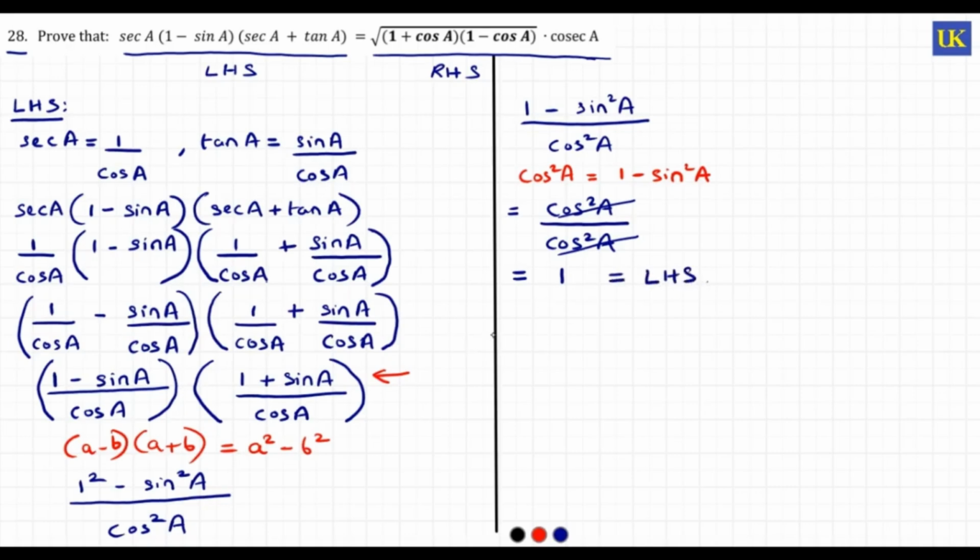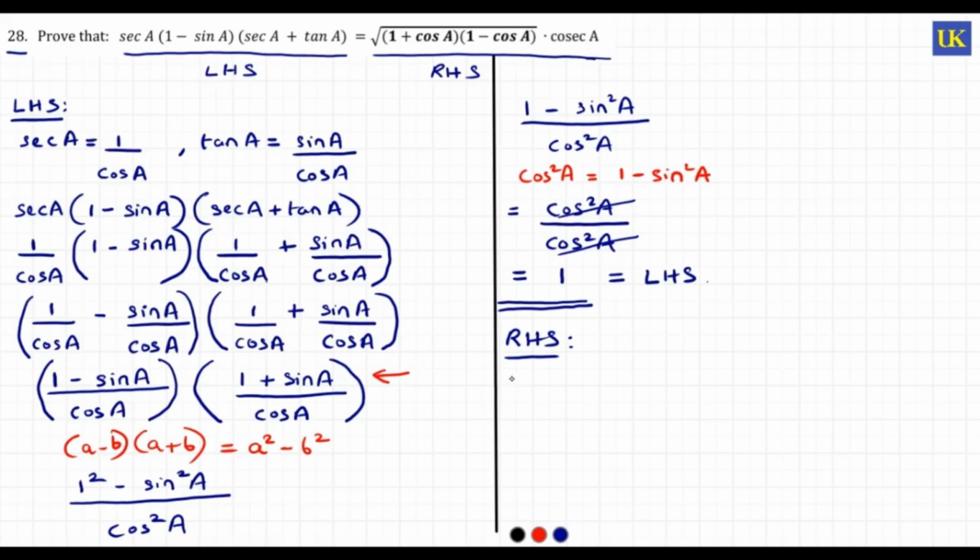Now we will solve for RHS. First of all I will write the RHS part here.